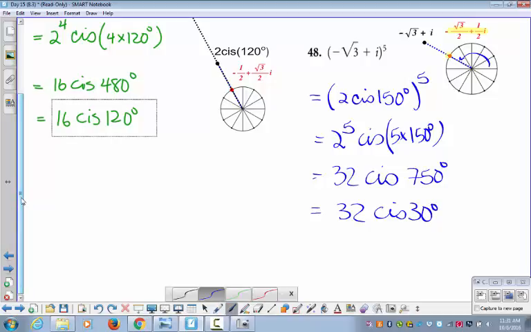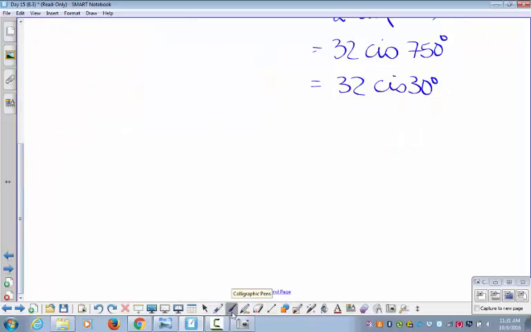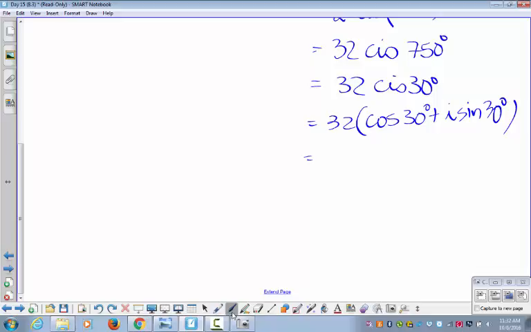Since this one started in standard form, the natural finish point is in standard form. So let's go ahead and put this one back in standard form. This is 32. We go back to long notation if we need to before we convert. There's the long form, and the cosine of 30 degrees is root 3 over 2. Sine of 30 degrees is 1/2.